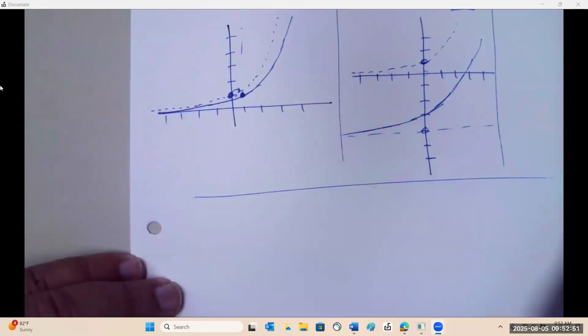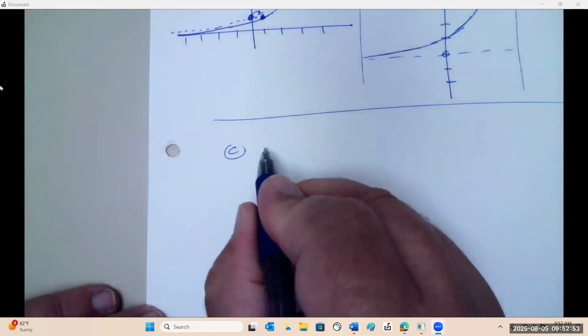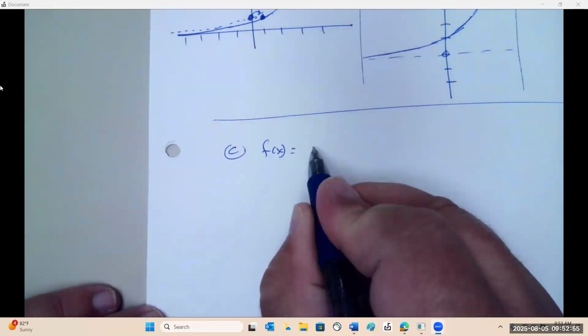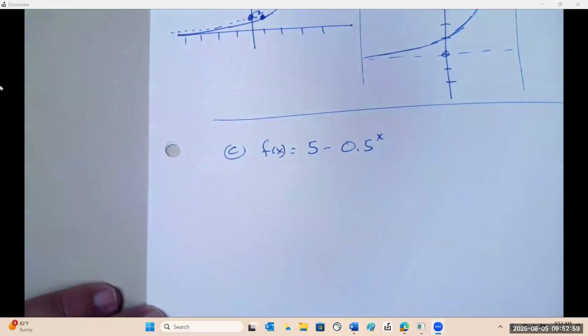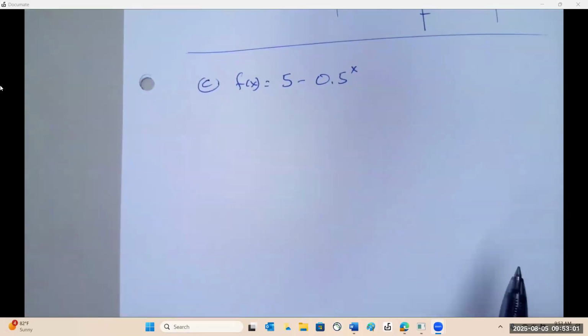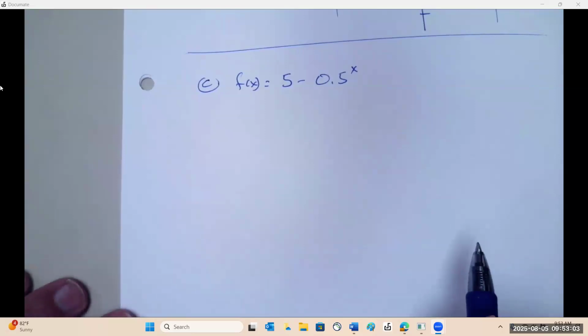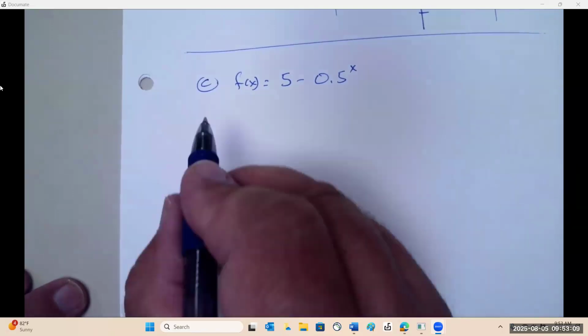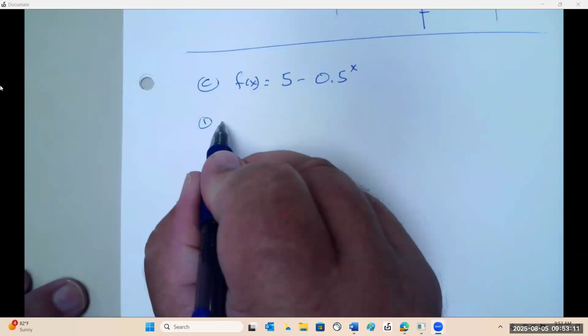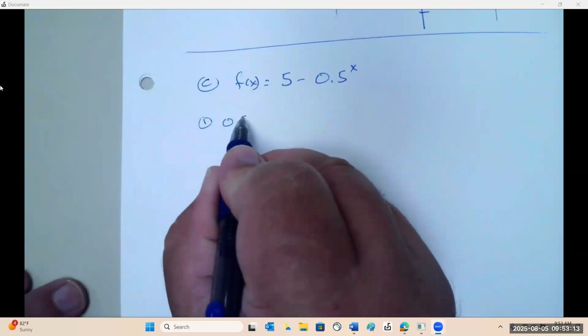Now, C is going to be a little bit different. 5 minus 0.5^x. So let's do this like we did in transformations. What's our base? 0.5^x.